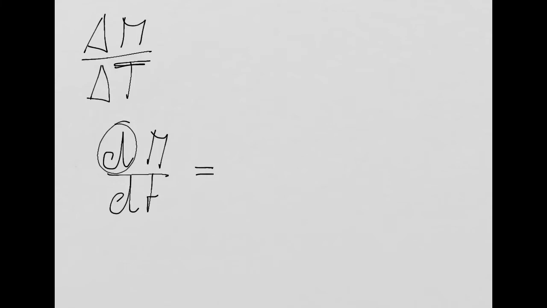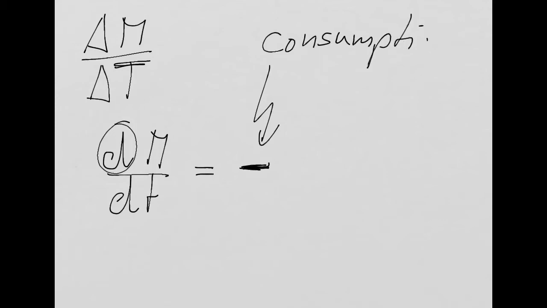So dm over dt equals negative, and that is because we have a consumption. So the Maltesers disappear. That's why it's negative.